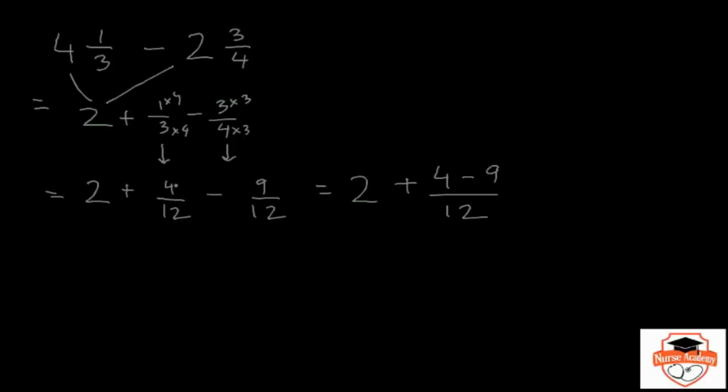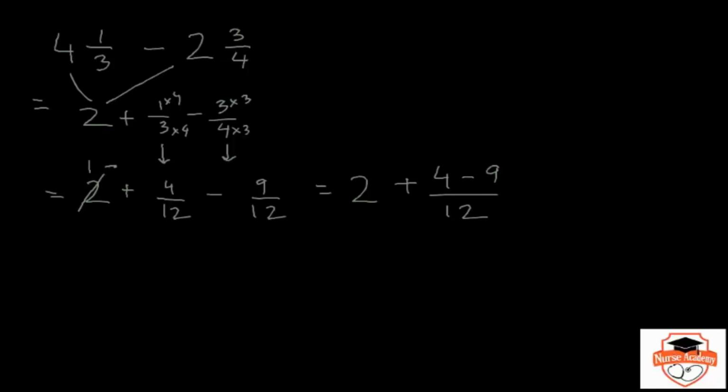Now because we figured out that 4/12 is smaller than 9/12, 4/12 is not good enough to subtract 9/12. It needs help. It needs to borrow. From whom is it going to borrow? From this 2 wholes. The 2 wholes changes to 1 whole because it's going to lend 1 whole to this 4/12. Now I have a question.